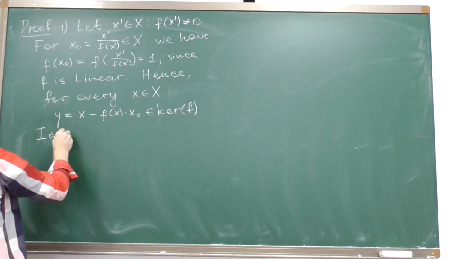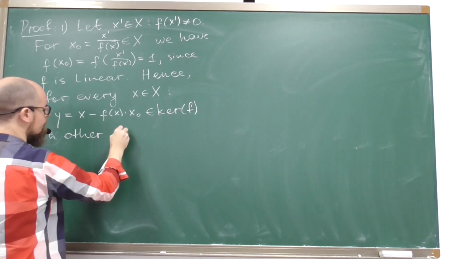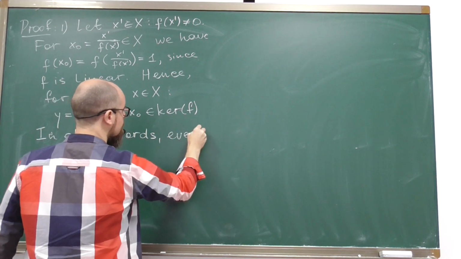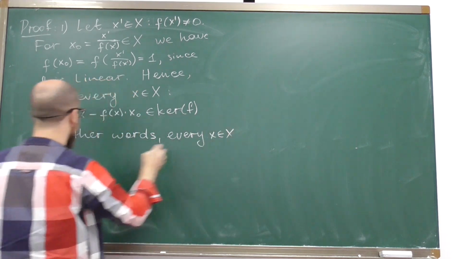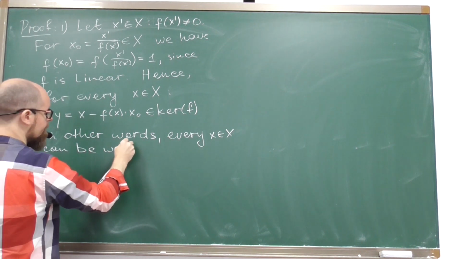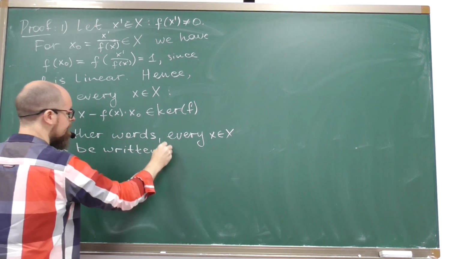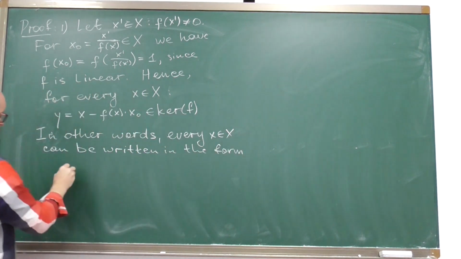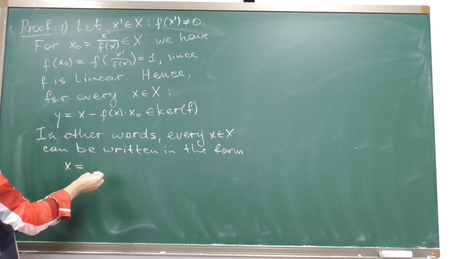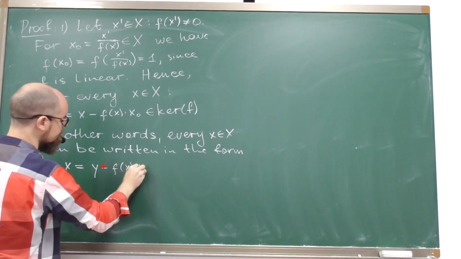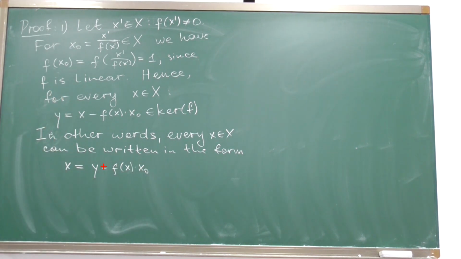In other words, every element x from X can be written in the form x equals y plus f of x times x naught, where y is in the kernel.